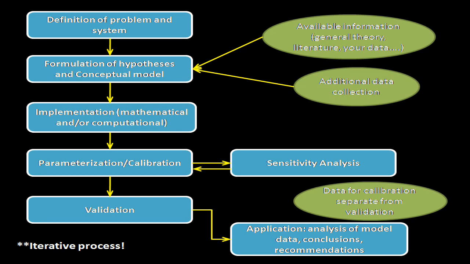And then you go to validation, where you're actually, for example, seeing if your model can capture observations that it wasn't calibrated for, and is it actually, for example, forecasting abundances and distributions in a reasonable manner in terms of what you are seeing in the real world system.